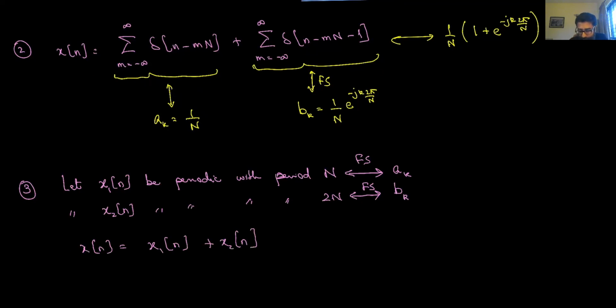And the question is to determine the Fourier series coefficients of x of n as a function of a_k's and b_k's.